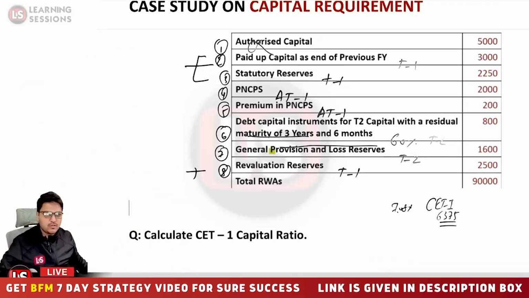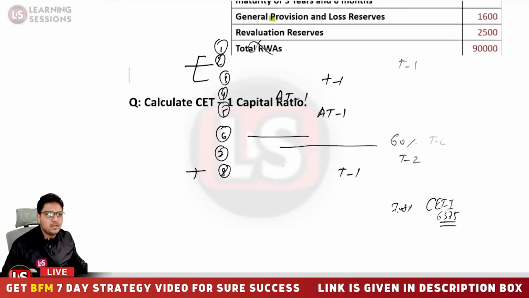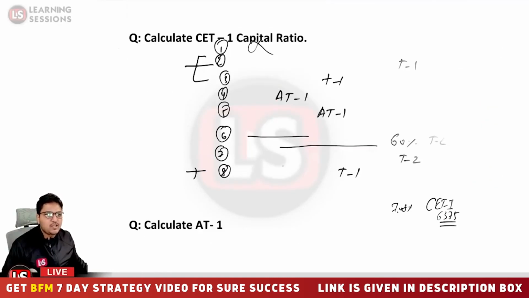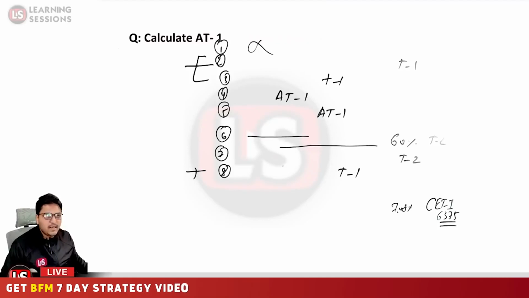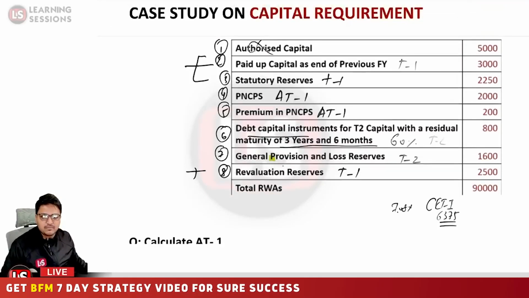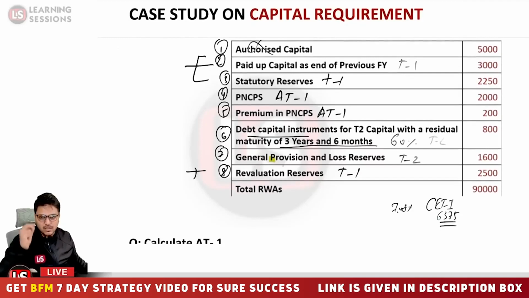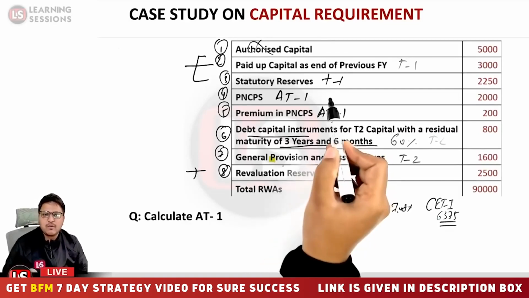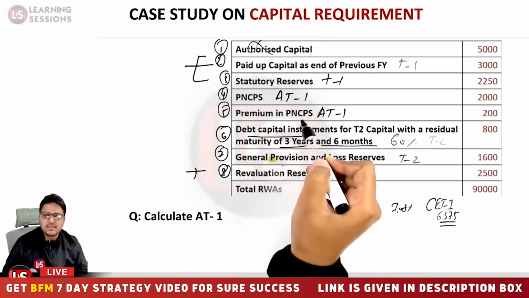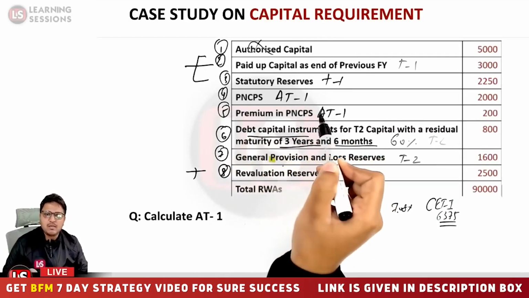Now let's move further to the third question. It says we need to calculate the additional tier 1 capital. Now the different components of additional tier 1 are PNCPS and the premium on PNCPS.